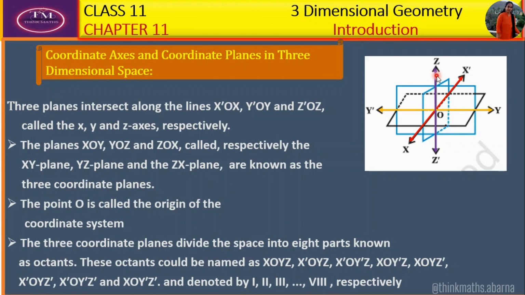So there are three coordinate planes, and this point is called the origin of the coordinate system.